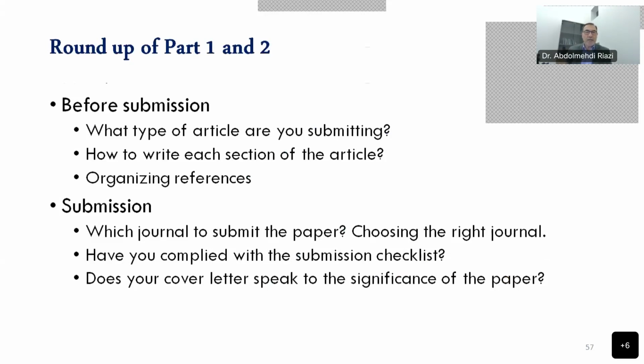And check some of the published book reviews in the journals to make yourself familiar with the structure of the book reviews. The other type of the articles that we discussed were review papers. And we said that there are different types of review papers. If you remember, I mentioned meta-analysis.